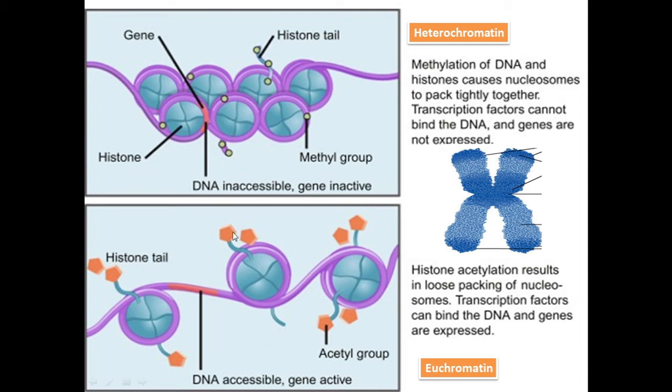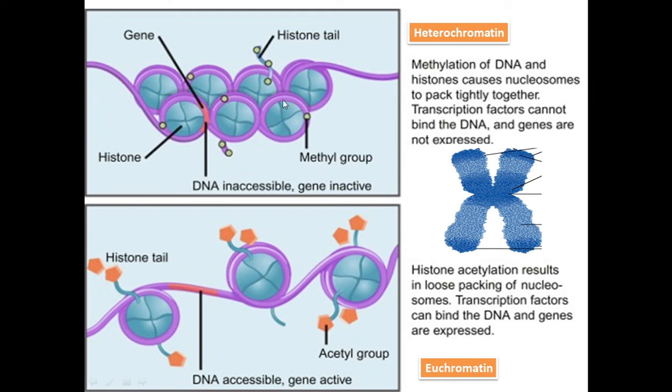So these are active forms. The major difference is actually the methyl group and acetyl group. Methyl group leads them to pack together and acetyl group leads them to relax. So euchromatin is the active form and heterochromatin is the packed form.